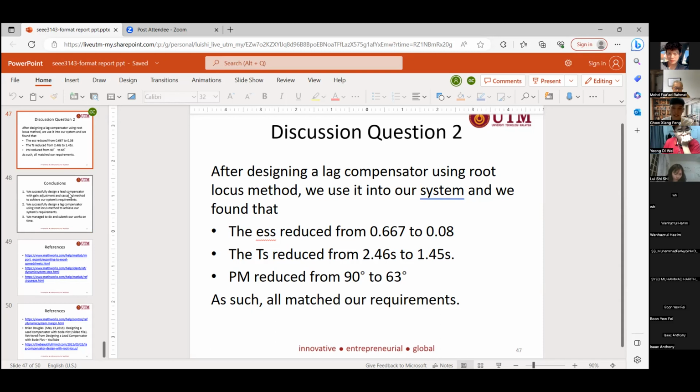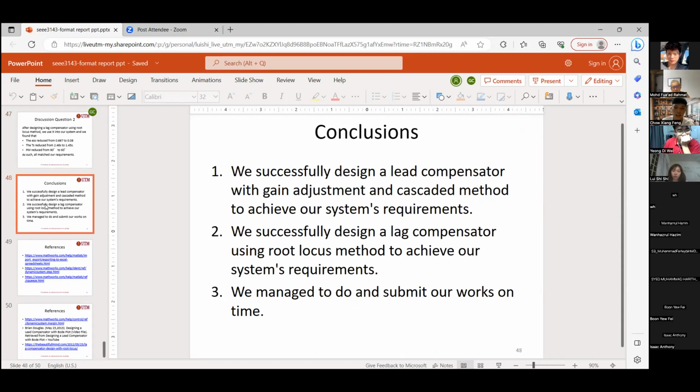Also the TS reduced from 2.4 seconds to 1.45 seconds because we did a little bit of gain adjustment, which affects the transient response. The phase margin reduced from 90 to 60. So all match our requirements. Next, I want to make some conclusion.